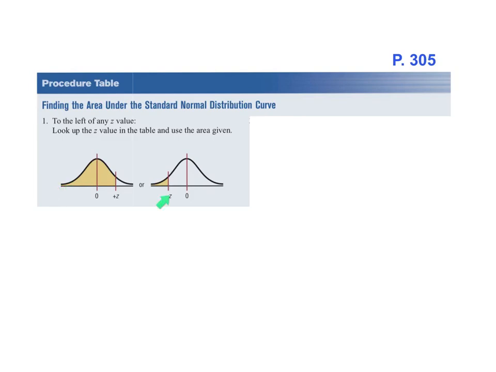If the z-value is negative, it would still tell me the area to the left of that negative z-value. So when you use that table, the numbers represent the area to the left of that particular z-score. I'll show you how to use the table here in a minute. That's the first thing that's going to happen in this section.